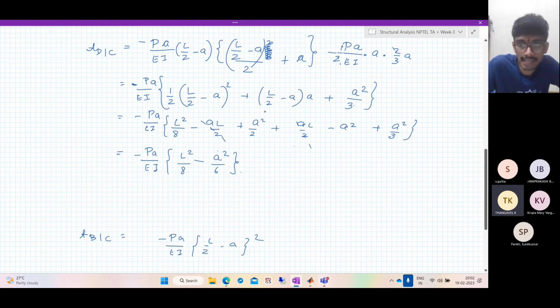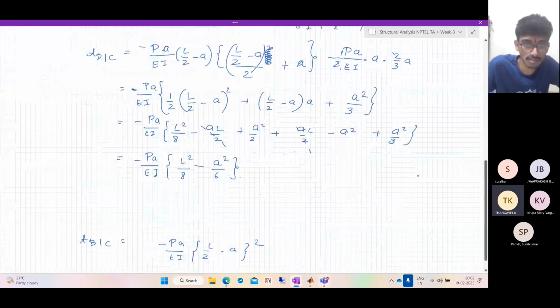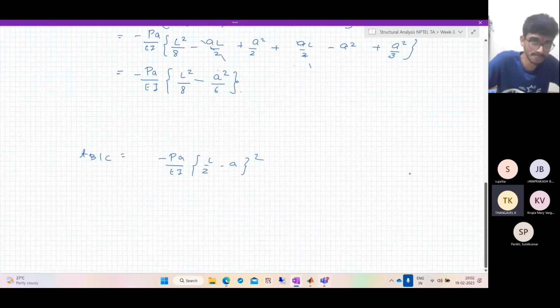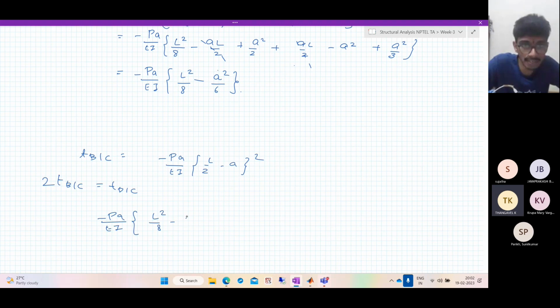Now what is the condition? TD with respect to C is 2 times TB with respect to C. So if we solve it, we get TB with respect to C, 2 times that is TD with respect to C, which means minus PA by EI, L square by 8 minus A square by 6 is equal to 2 times minus PA by EI, L by 2 whole square.